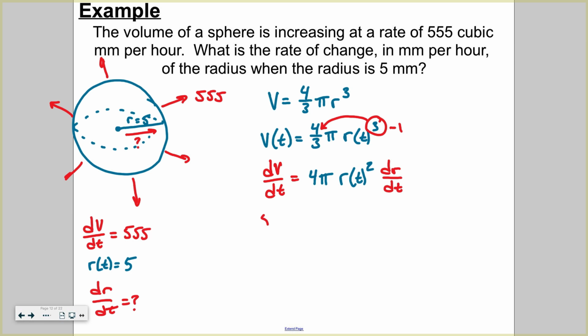So we're going to have 555 is equal to 4 pi times 5 squared, and then times dr/dt. Now we just need to simplify and solve for dr/dt. So 555 is equal to 100 pi times dr/dt.